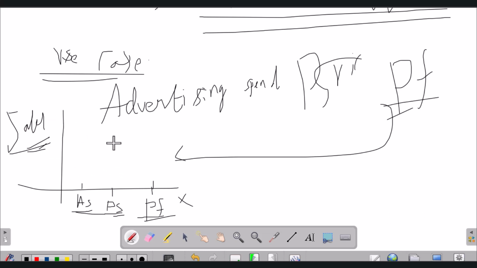So these will define the sales, right? This is using multivariate, multiple regression. We'll proceed further so that you understand how important and helpful this understanding is.